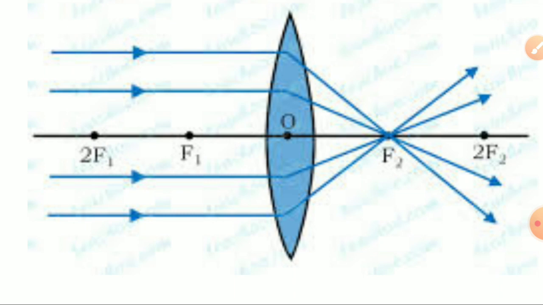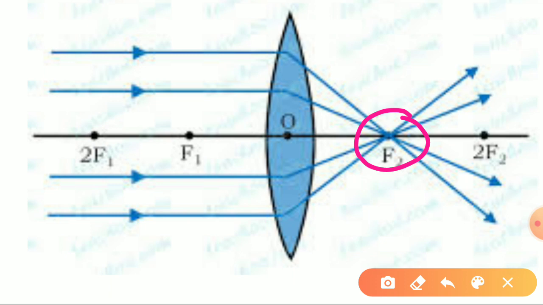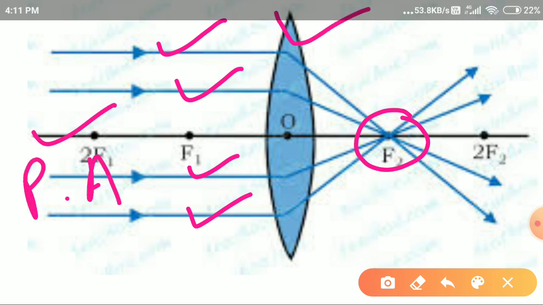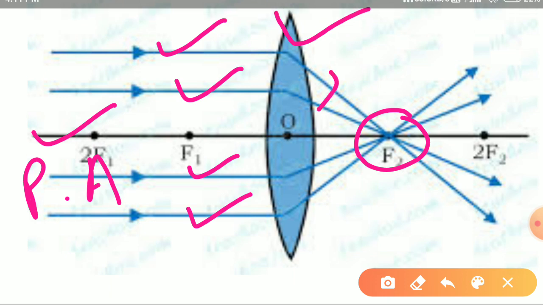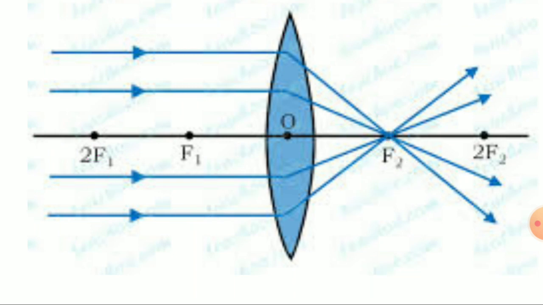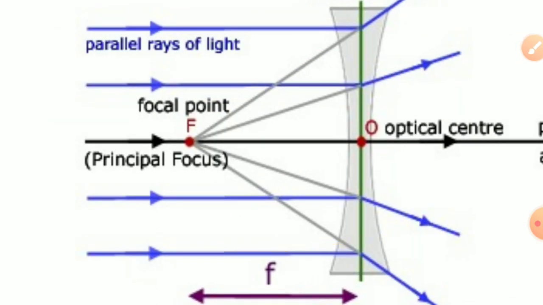Once again, it is a point on the principal axis where rays of light parallel to the principal axis converge after refraction from the lens. That point is known as the first principal focus. This is the principal focus of a convex lens.